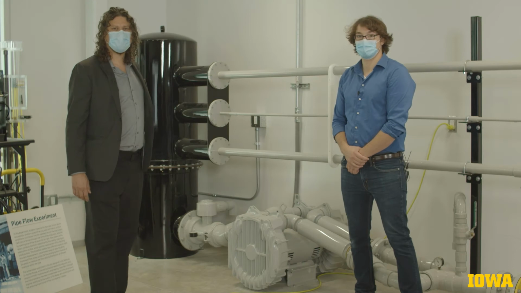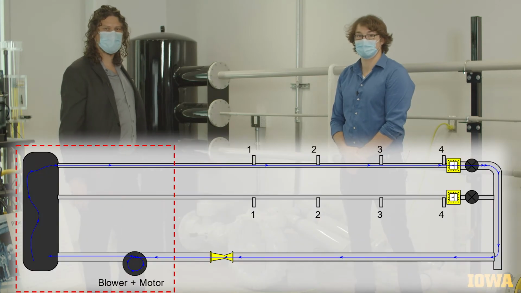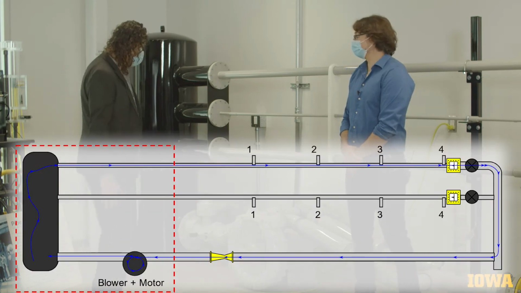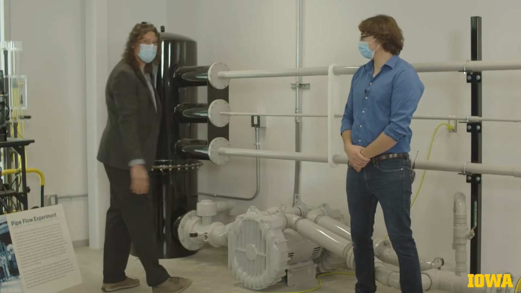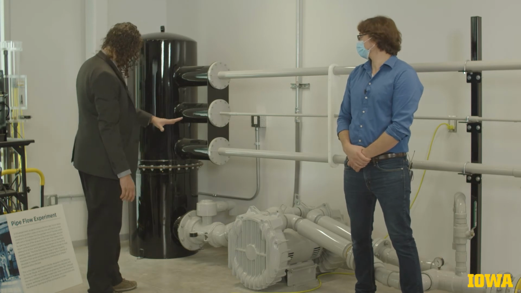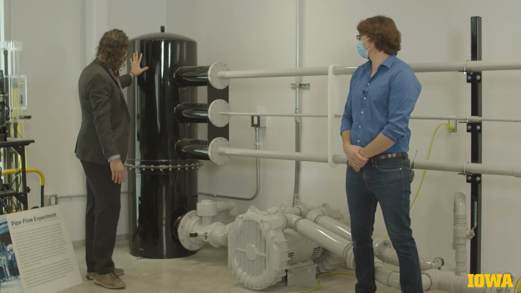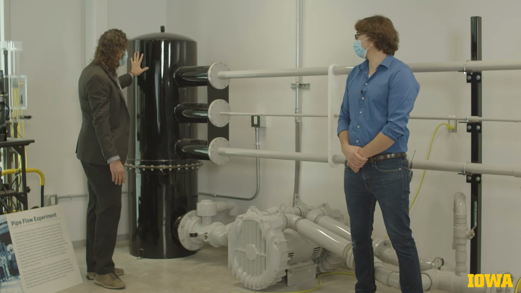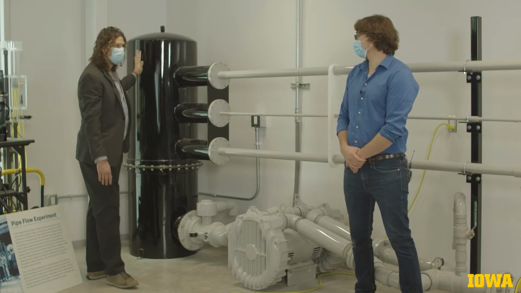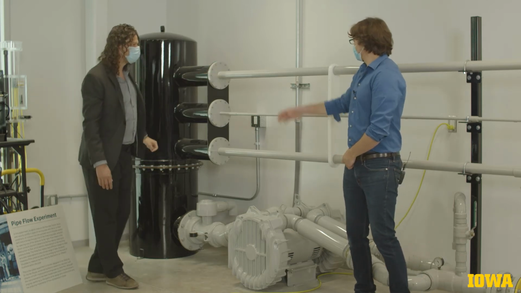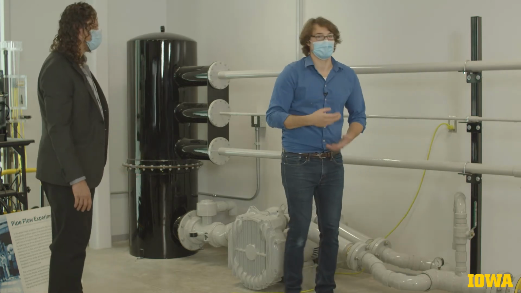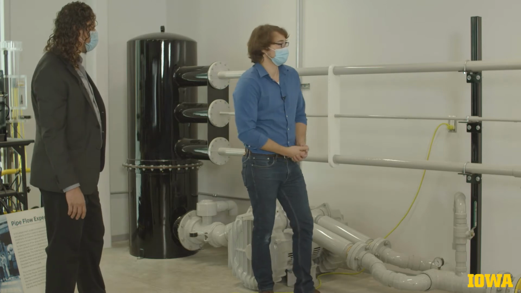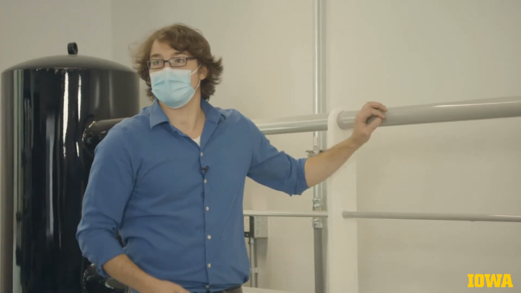So let's start by describing our experimental setup. What we have here is a pump that is going to be pushing air through the system. That air is going to fill up this reservoir with enough pressure to force air down these pipes. These three horizontal pipes behind me vary in two important ways. You'll remember that the pressure drop in a pipe depends upon the diameter as well as the surface roughness of the interior of that pipe.